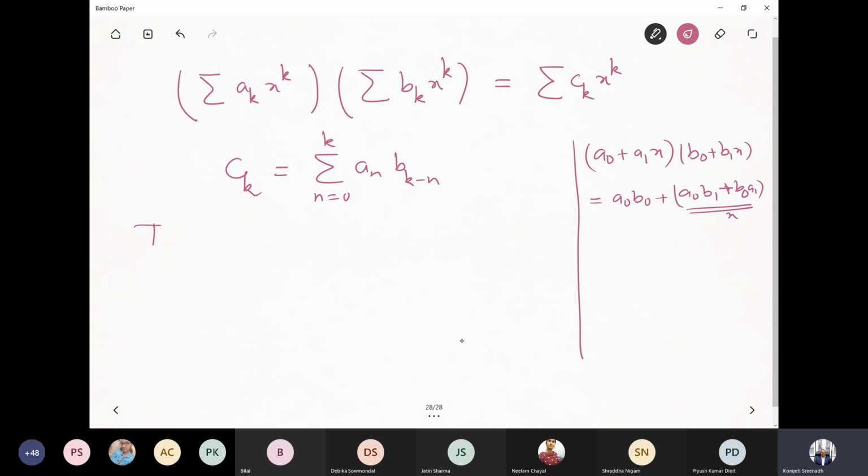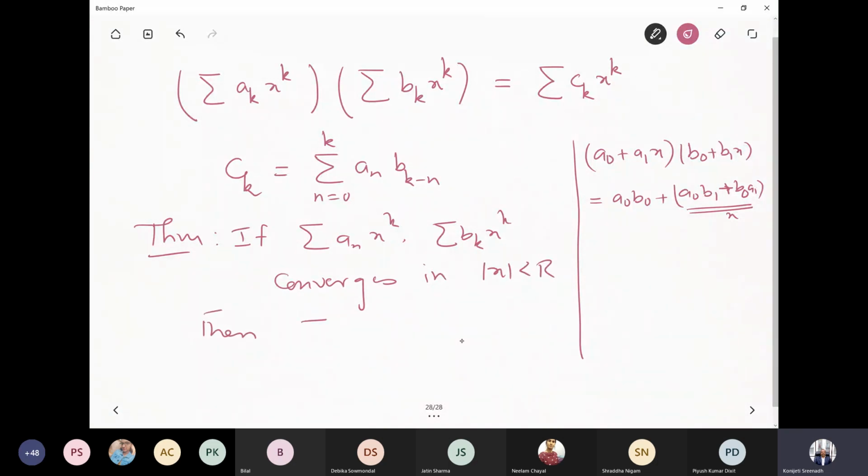And the theorem says that if the series ak x power k and bk x power k converge in mod x less than r, then the series ck x power k converges for mod x less than r.